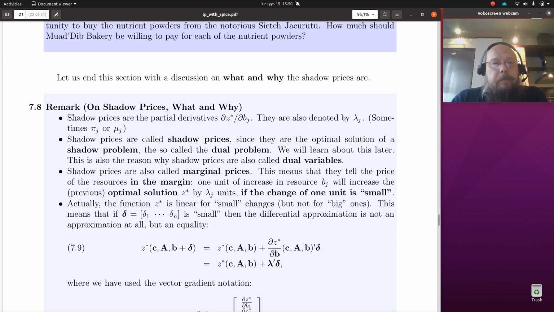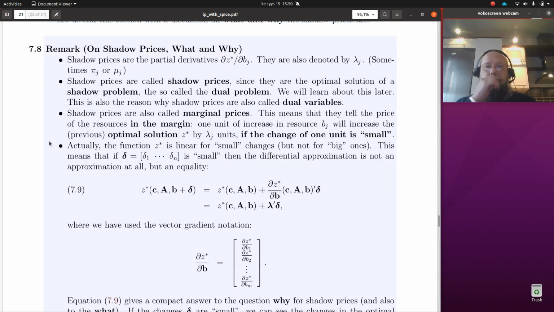So the shadow prices are the partial derivative of how the optimal solution, I mean the objective, changes when the resource bj changes. And these are also denoted by lambda j. This is the notation I will use here. And sometimes there are pi j's or mu j's also. So then a remark on these different names.